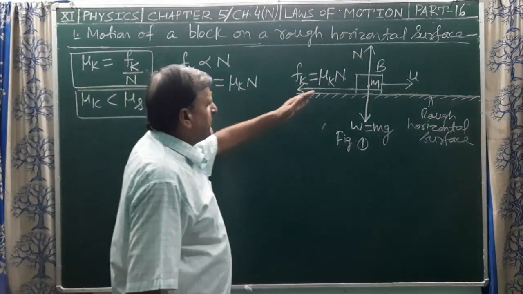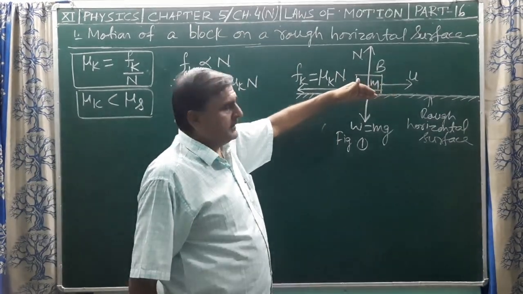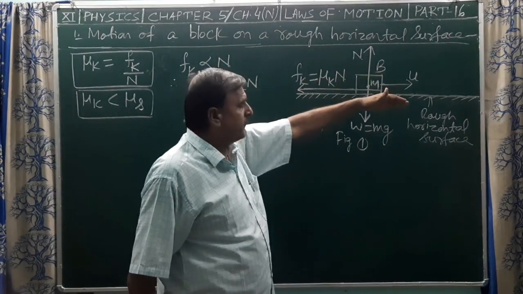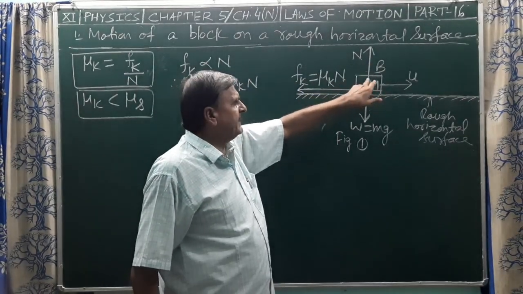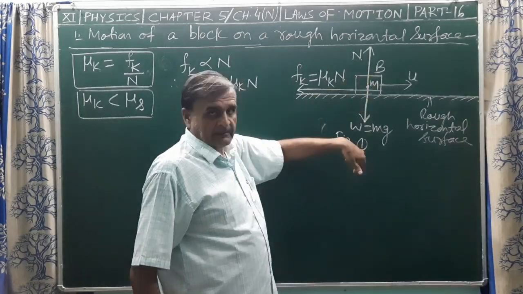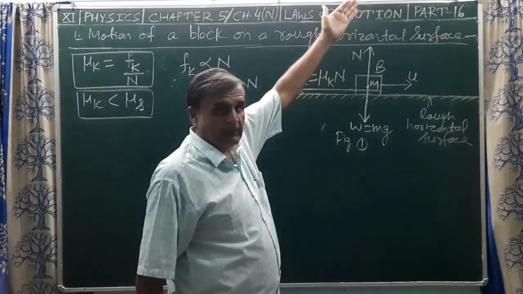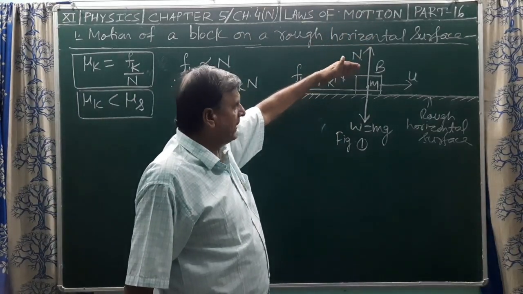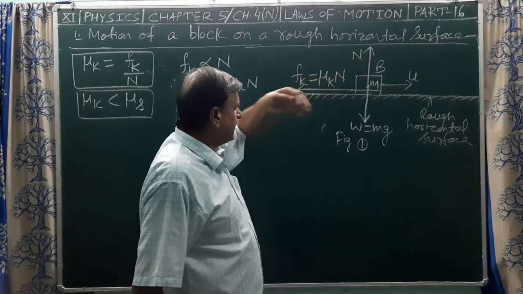So the force of kinetic friction acting between the moving block, that is the sliding block B, over the rough horizontal surface, is Fk equal to mu k into n, and n is equal to mg. Normal reaction of the surface balances the weight of the body. Normal reaction acts in the vertical upward direction, and the weight of the body, block B, acts in the downward direction. So the normal reaction balances the weight of the body.